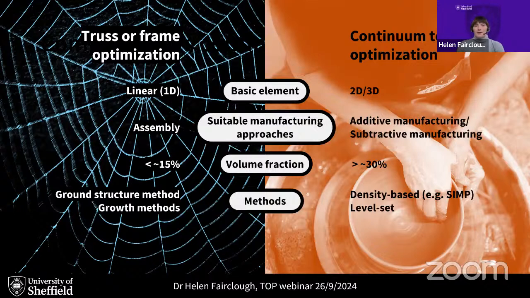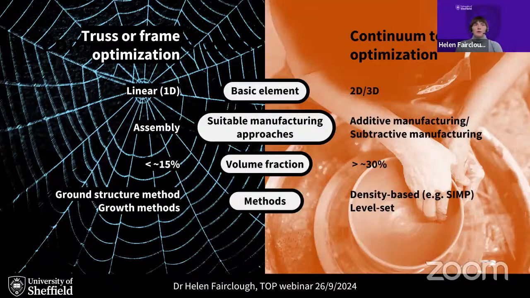As we said, this makes it more suitable for manufacturing by assembling it. We can take all these separate linear elements and attach them together, rather than the additive manufacturing or even milling, subtractive manufacturing approaches that get really challenging at building scale.